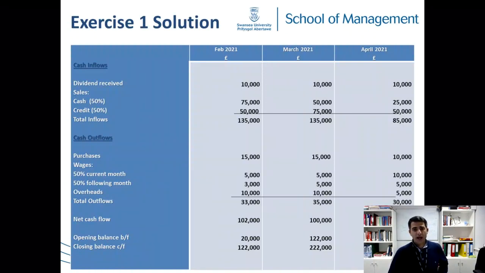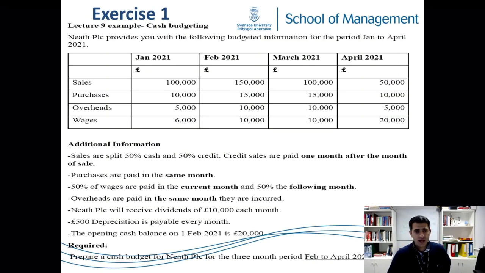In terms of wages, if you look at wages, it shows here that 50% is paid in the current month and 50% the following month. Again, what does that mean? You need to treat it like sales, cash and credit.